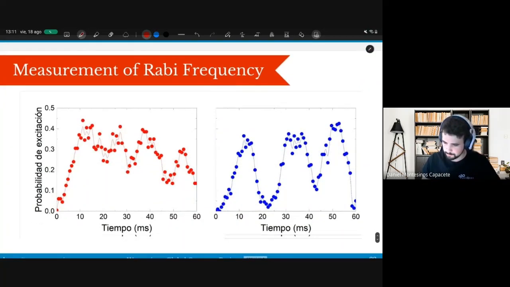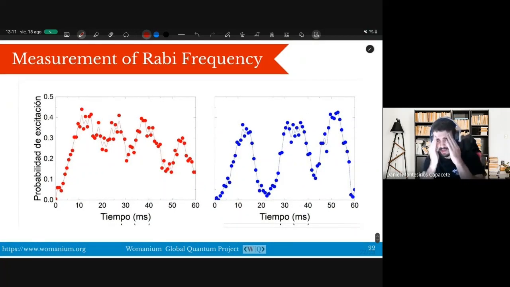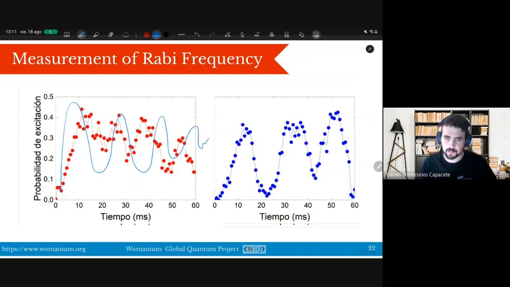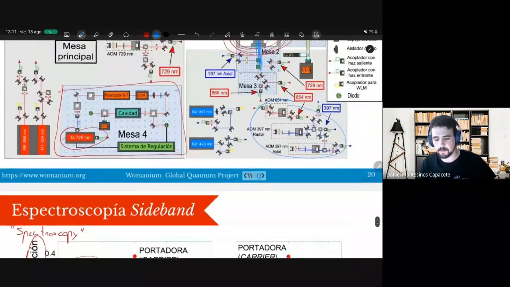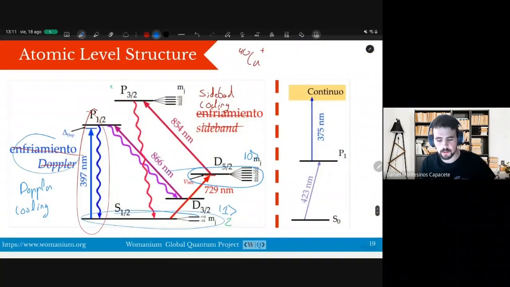And also these are some tries of measuring the radio frequency, but this needs improvement because, in order to measure the radio frequency, we should expect to have some oscillation like this, right? But something like this is not what we have in here, and this is mainly due to experimental errors. Also, we have just performed this Doppler cooling, but we were not able to do the sideband cooling.